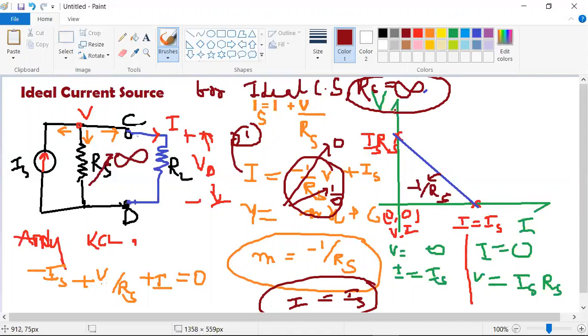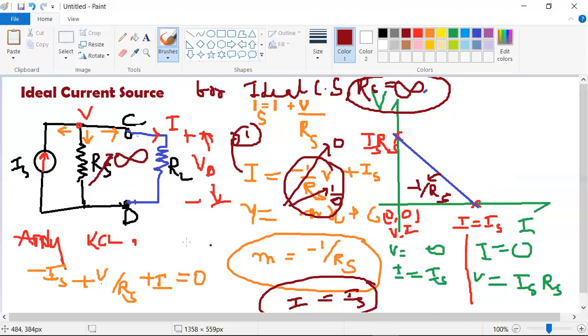Again I am repeating, irrespective of voltage, so let me draw that slope, means I is equal to Is. Let me draw that. For any value of voltage, my ideal current doesn't change, means the current value is the same.